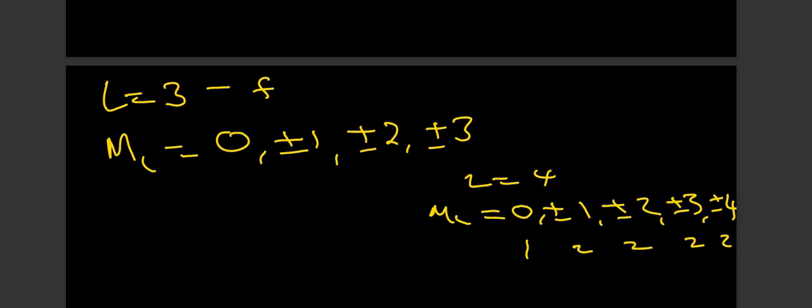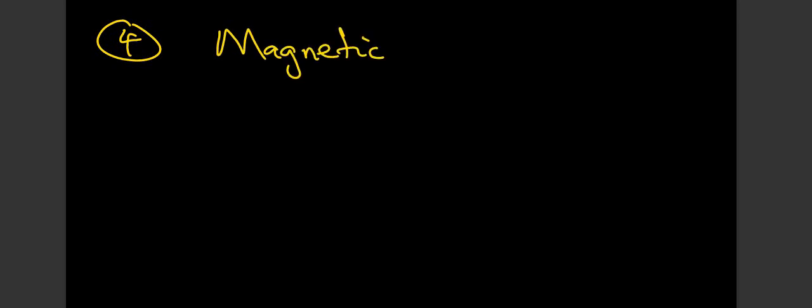So this is how we relate the 3 types of quantum numbers, but we still have a last one. The 4th type of quantum number is called the magnetic spin quantum number. Magnetic spin is represented by MS, M with a small letter s down.